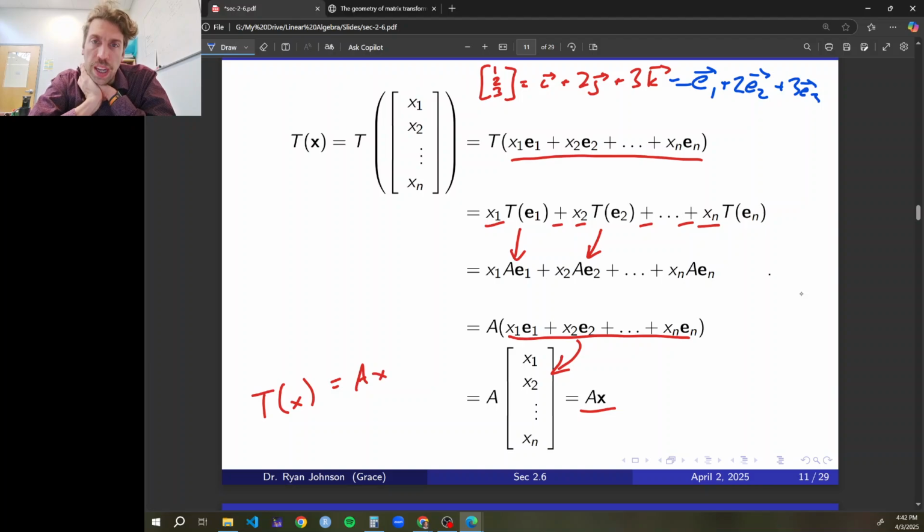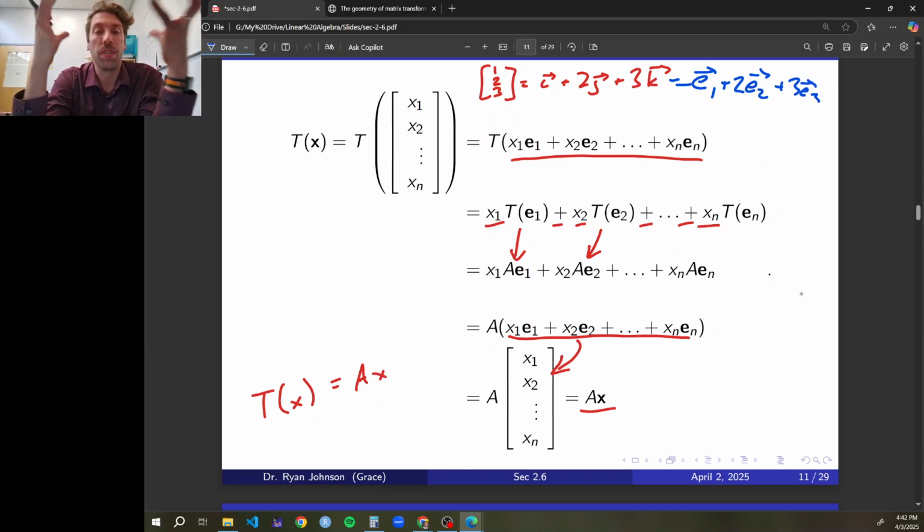Then we assumed that our function was linear, so that means we can factor out scalars and split up addition inside, so we do a whole bunch of steps at once. And then T of e1 is the same as A e1 because that's how we defined A. T of e2 is the same as A times e2 because that's how we defined A. But then we've got scalar times matrix times vector, so we can factor scalars back across, and we can factor out the A from everything, basically doing the opposite of distributing.